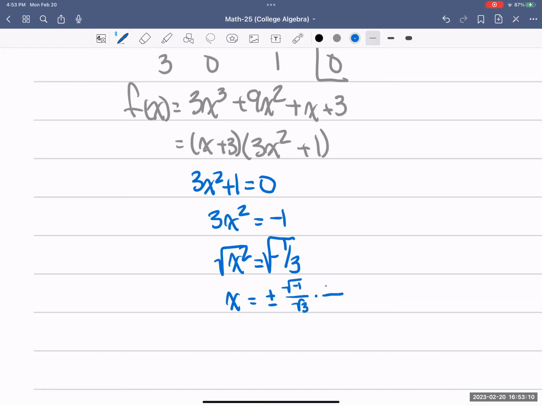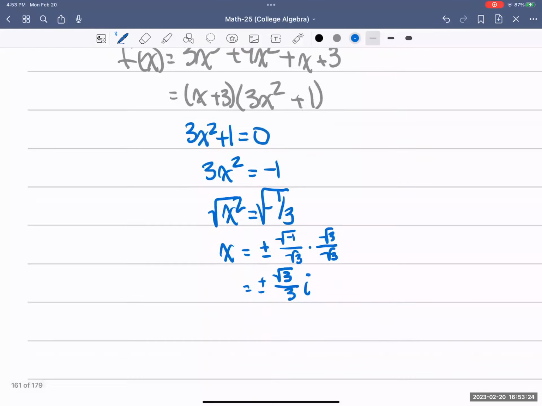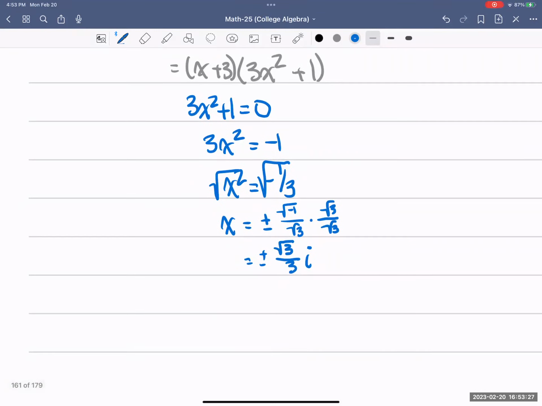Let's rationalize this. So the square root of 3 over 3i. So there's that. Those are our two zeros. So what we have is x is equal to root 3 over 3i and also negative root 3 over 3i.